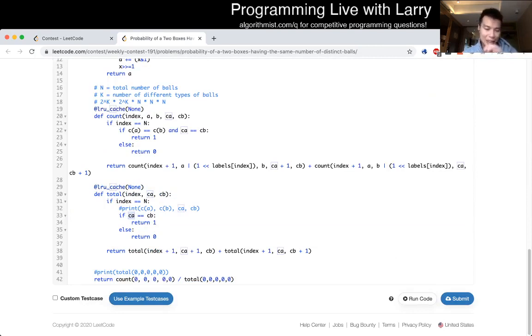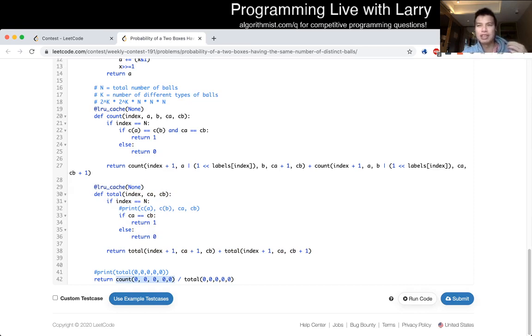So this should be just n choose n over 2, which is what this recurrence does in a really unnecessary way, right?